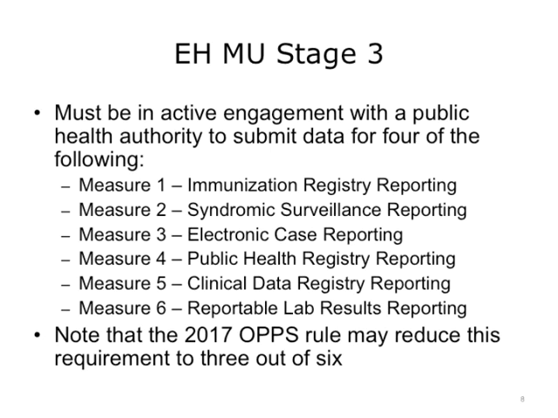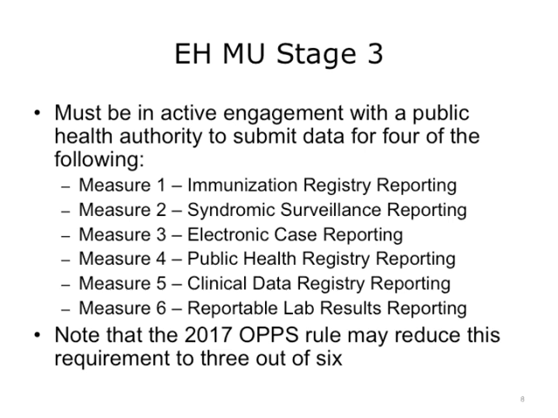The Meaningful Use Stage 3 public health objective requires that eligible hospitals be in active engagement with a public health authority to submit data for 3 of the following: Measure 1, Immunization Registry Reporting; Measure 2, Syndromic Surveillance Reporting; Measure 3, Electronic Case Reporting; Measure 4, Public Health Registry Reporting; Measure 5, Clinical Data Registry Reporting; and Measure 6, Reportable Lab Results Reporting.